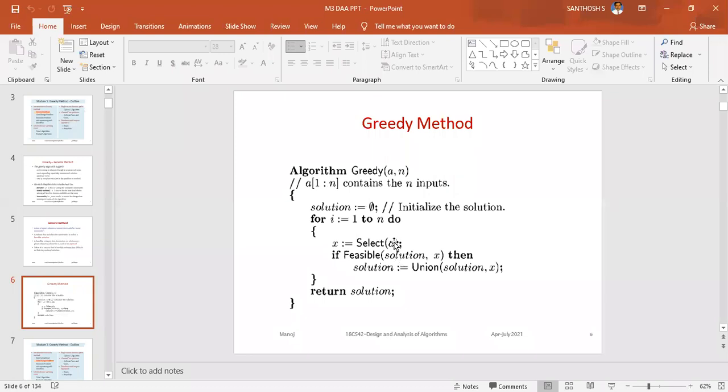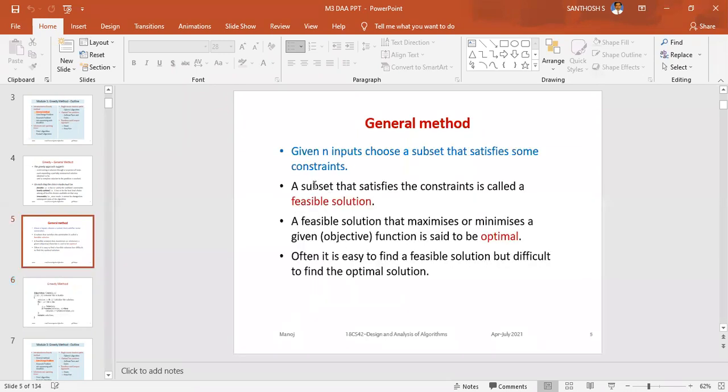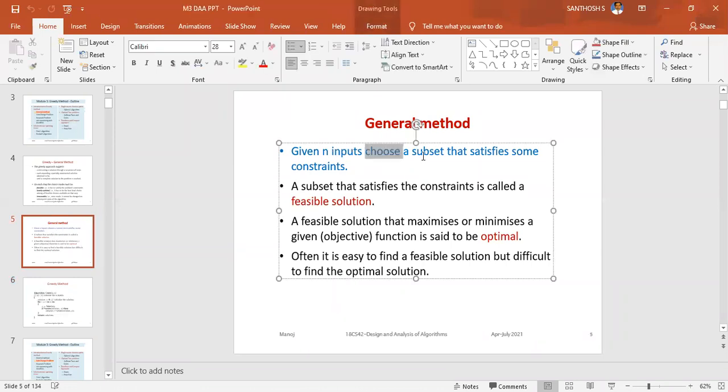In that you create a subset, and the subset is given as X. If feasible of solution comma X, then solution is equal to union of solution comma X. This is the condition for checking feasibility. So the first step is, from the n inputs, choose the subset, which we take as small x.